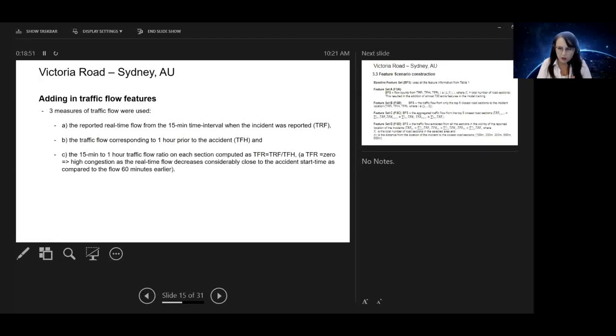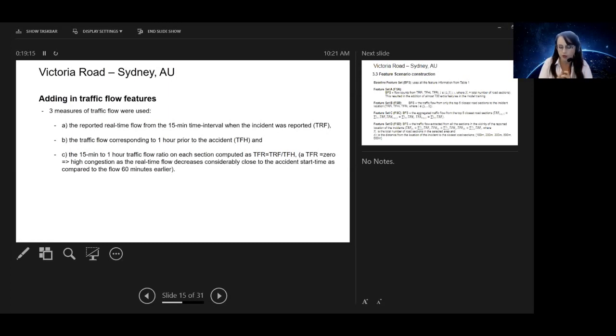For us, the traffic congestion can be represented in 3 ways. We took the traffic flow in the 15-minute time interval when the incident was reported. I forgot to say that the traffic flow information is recorded every 3 minutes, and we aggregate it every 15 minutes. So we looked at the 15-minute time interval where the accident happened.